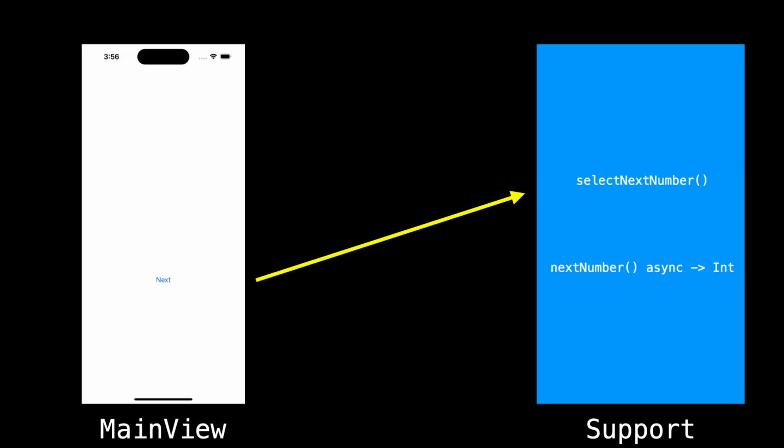Run the app. Tap the button. Let's follow the flow. When we tap the button we call selectNextNumber, selectNextNumber in turn calls nextNumber and waits. At some point, nextNumber returns an Int to selectNextNumber. selectNextNumber bundles it up in the completion, and that's how we get that value back to main view.